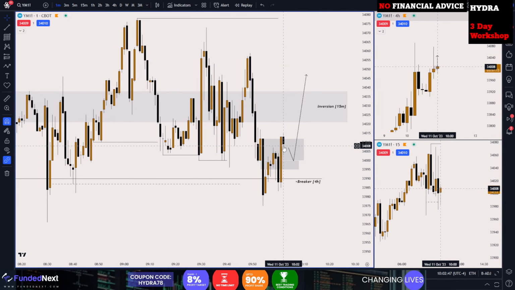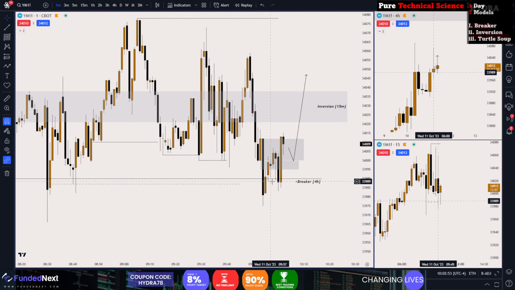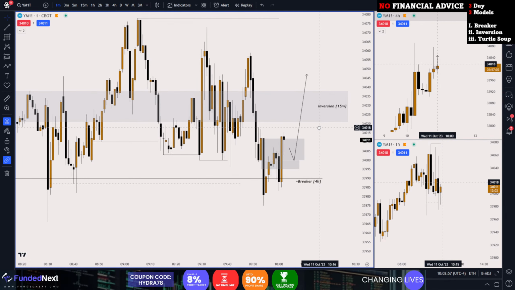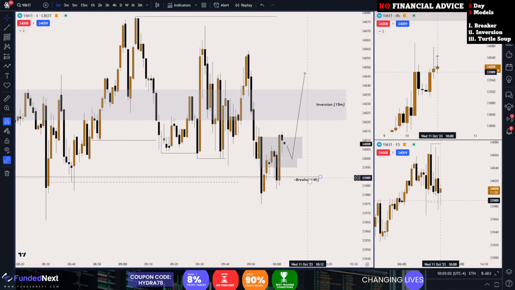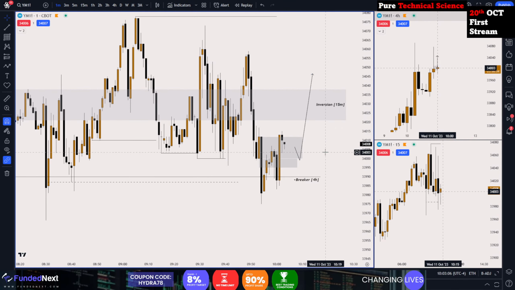The spread will put me 1 or 2 ticks above, and my stop loss will be below here. So a very tight stop loss, targeting 2R from here. That's pretty easy, right? Price retested this 4-hour breaker, and that's what gives me confidence. But hey, we're not going to push the button here. Rather, we stay patient and build our experience, because we know this is the time when we get it wrong most often.